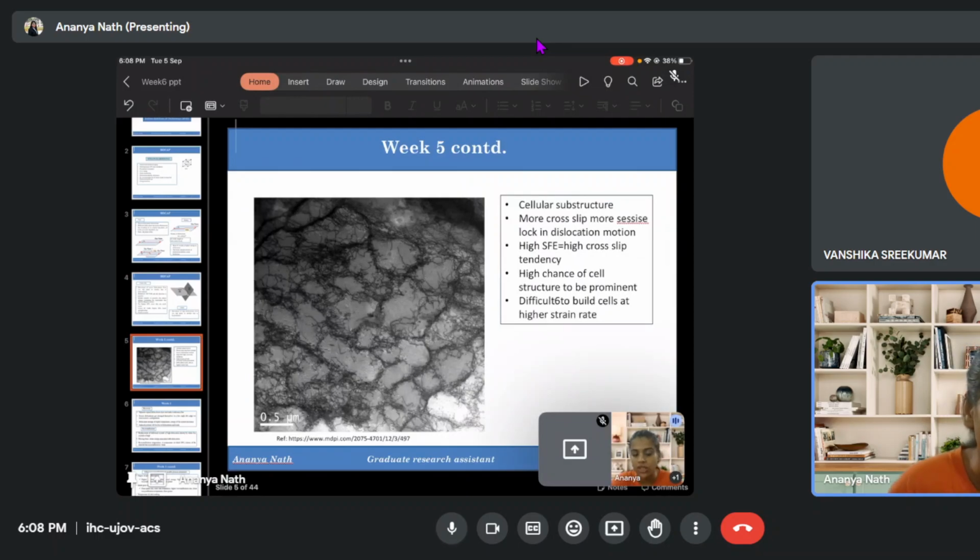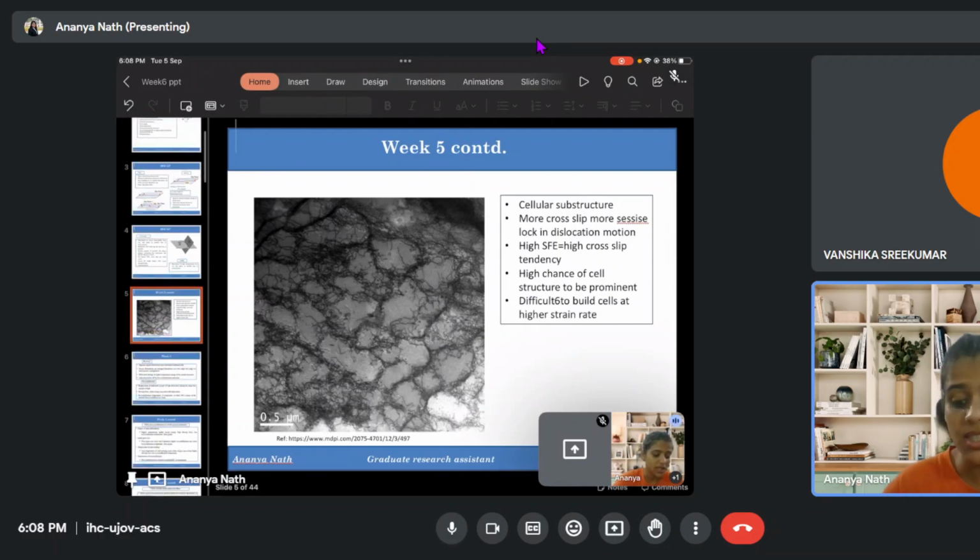Dislocations arranged themselves in such a manner that they were making cellular structures, kind of making loops, and the loops have a definite width and length, looking like some sails. This cellular substructure formation is very important for this week's lecture, because there you'll see how these things evolve to give rise to new grains, nucleation and growth.